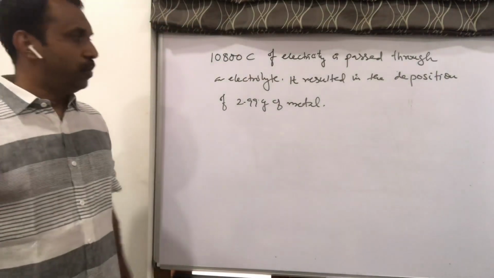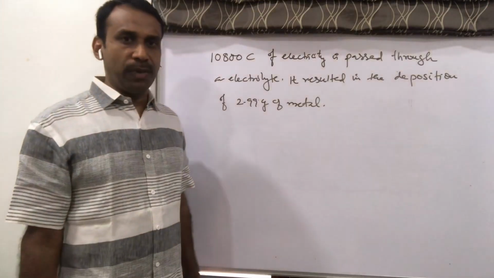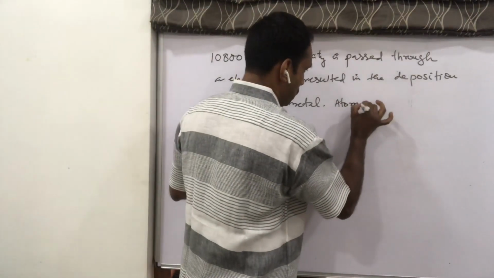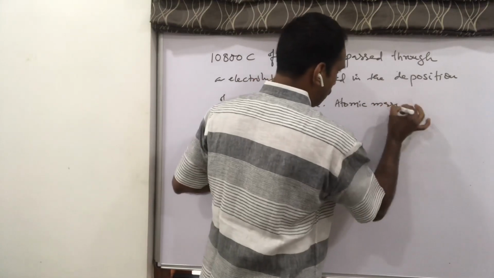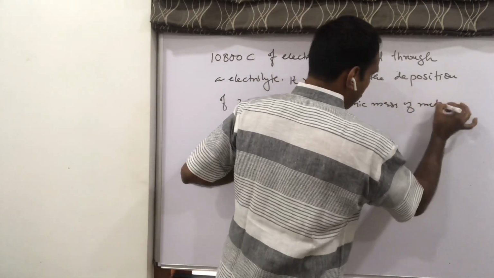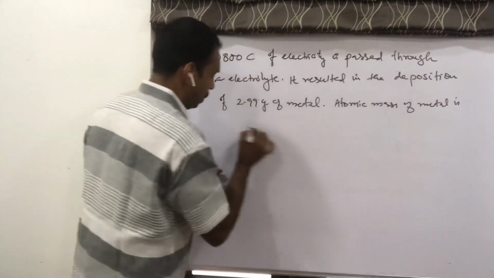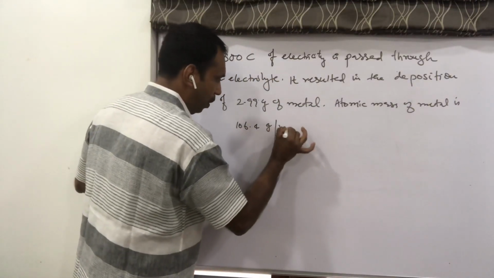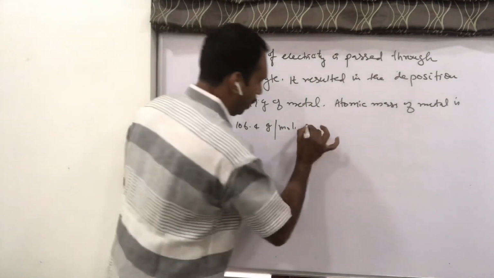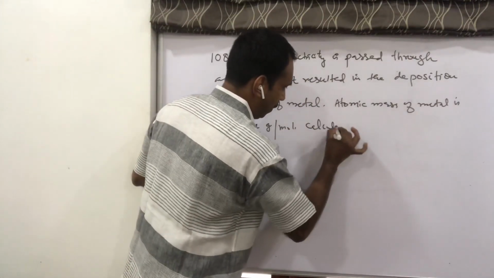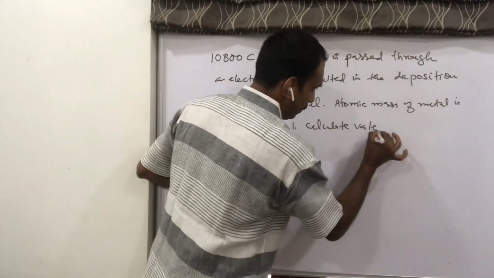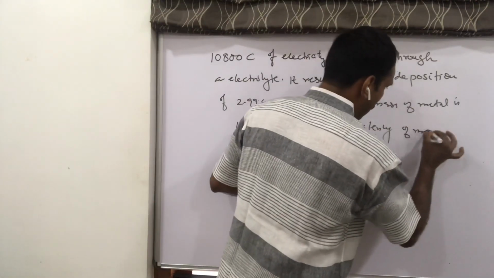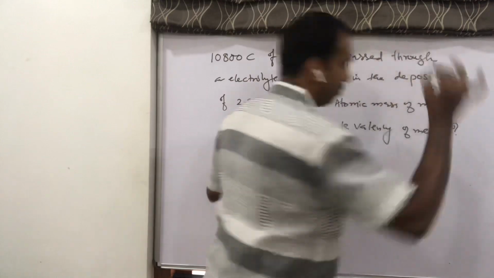Atomic mass of metal is 106.4 gram per mole. Calculate the valency of the metal. Now here is the problem.